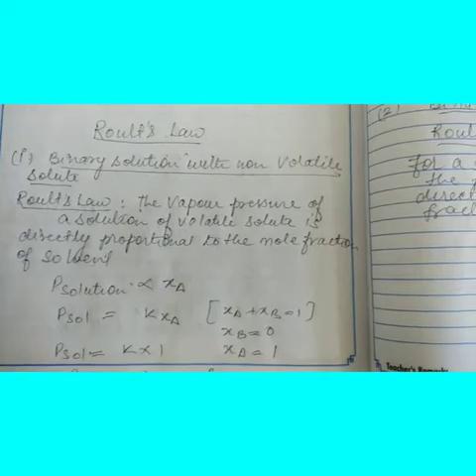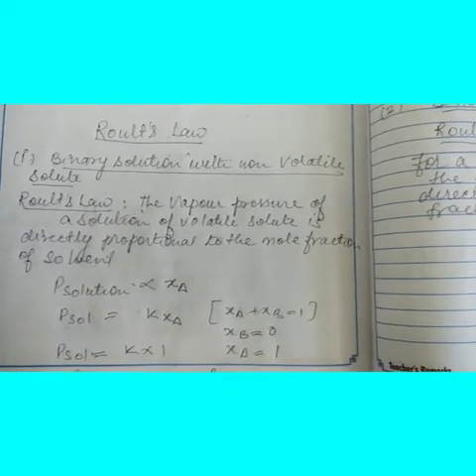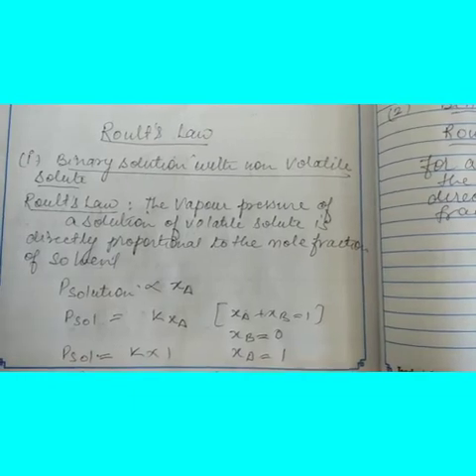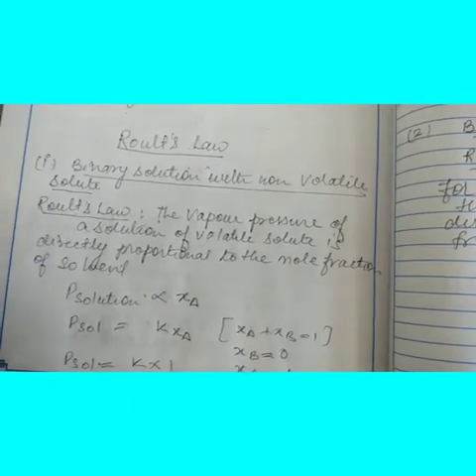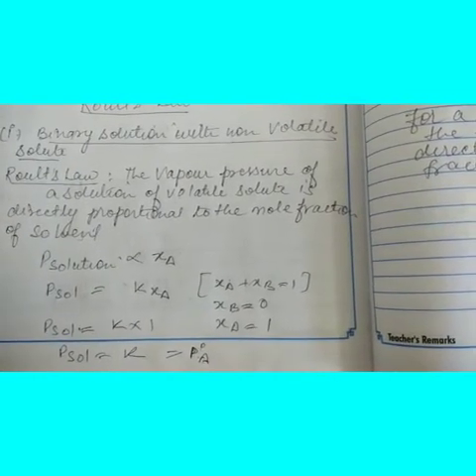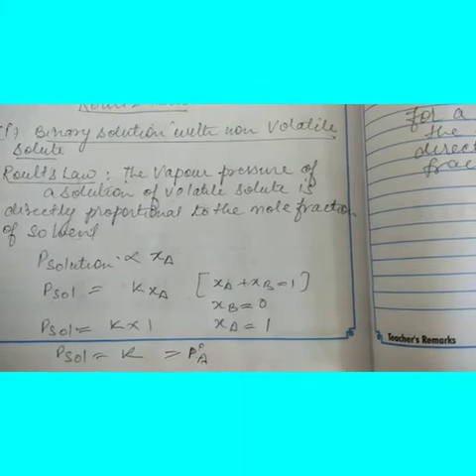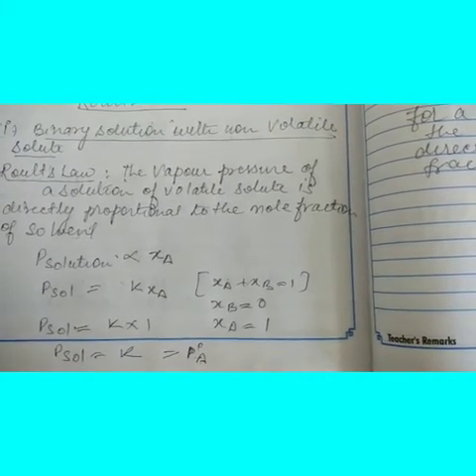So the partial pressure of the solution is directly proportional to XA, so P solution is equal to K into XA.